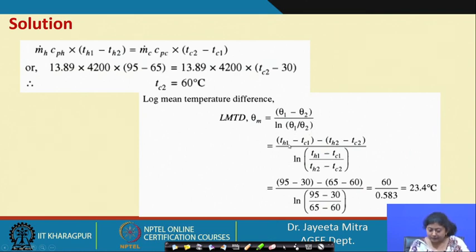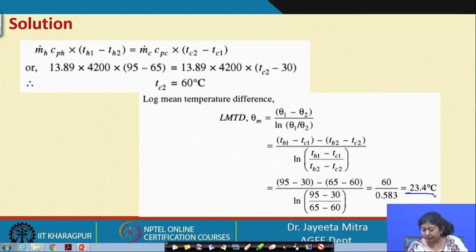So, here TH1 minus TC1, 95 minus 30, minus TH2 minus TC2, 65 minus 60, divided by ln of 95 minus 30 by 65 minus 60. So, what we are getting is 23.4 degree Celsius.